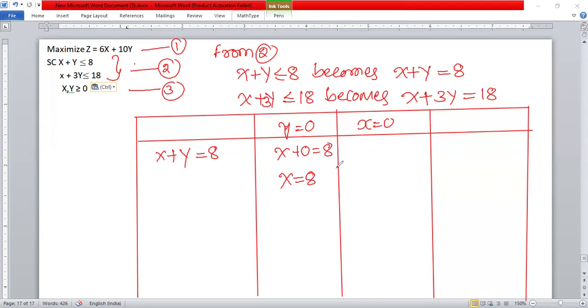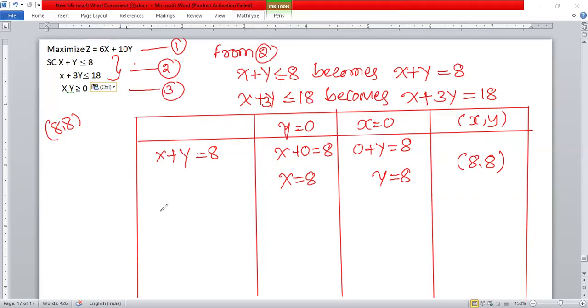Put x is equal to 0, so 0 plus y is equal to 8, therefore y is equal to 8. Finally, the x comma y point is 8 comma 8.